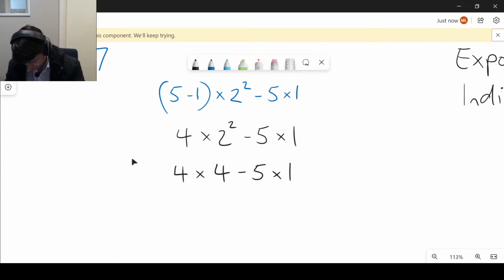So if we look here, there's the times and there's the times. So that means I can imagine some brackets here or here. I have to do 4 times 4 and I have to do 5 times 1. Don't do this one yet. So if I do 4 times 4, I get 16. There's that takeaway, and then I had a 5 times 1, which is a 5.